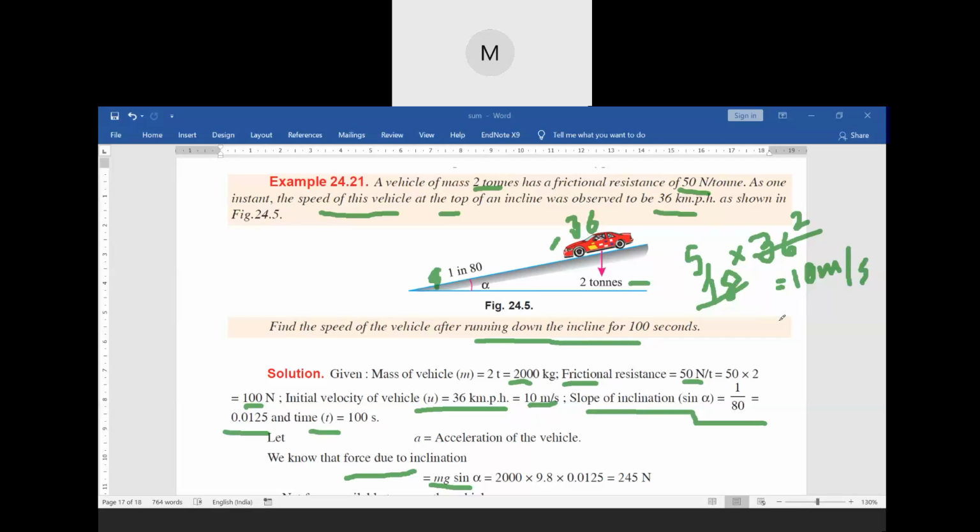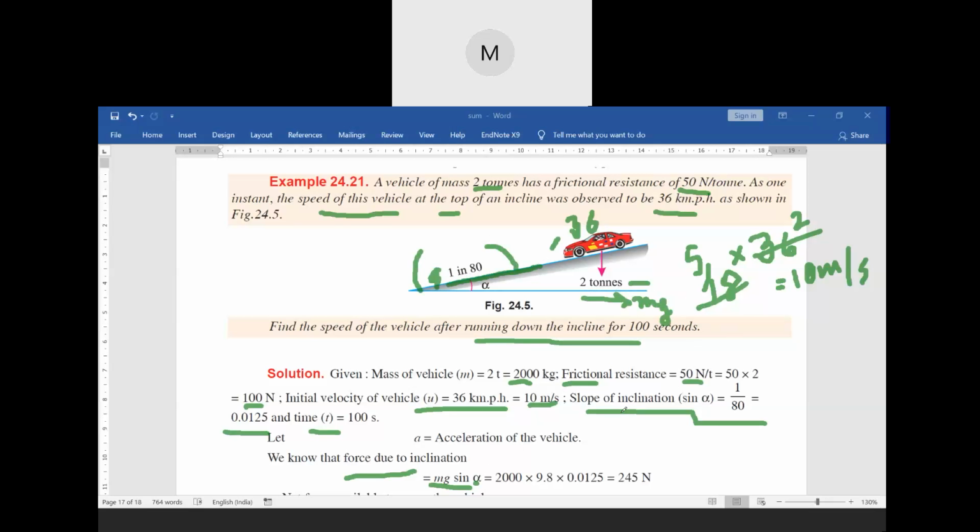Okay, fine. After that we'll do the force due to inclination. Look, this has an inclination with a slope of 1 in 80. Now we all know, as discussed in the last class, that it is mg sine alpha.